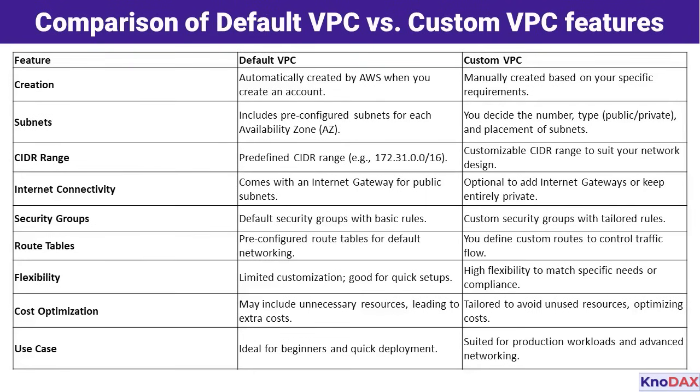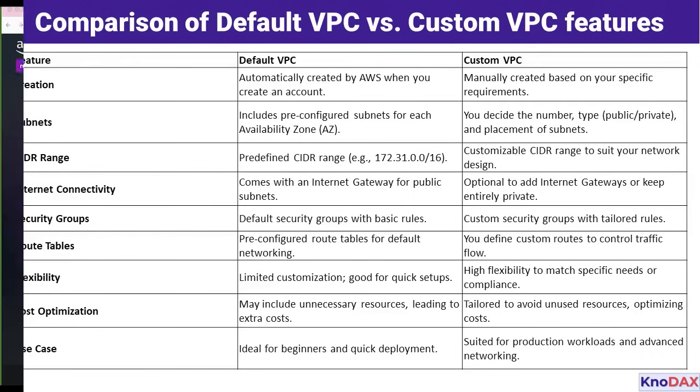Custom VPCs allow you to design only what you need, optimizing costs. And finally, the use case. Default VPCs are ideal for beginners or for quickly deploying resources. Custom VPCs are better suited for advanced setups, production environments, and applications with specific networking needs. Understanding these differences helps you choose the right VPC setup for your requirements.